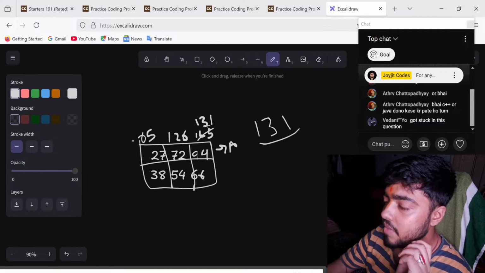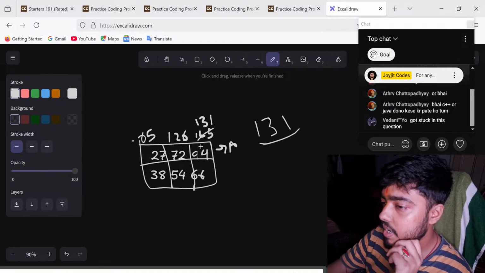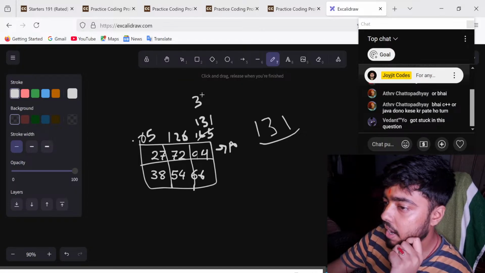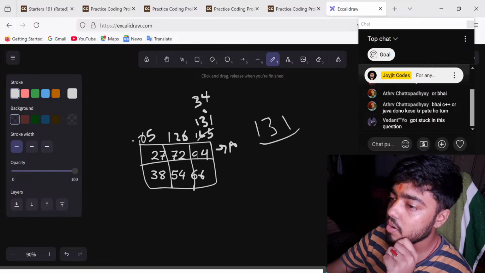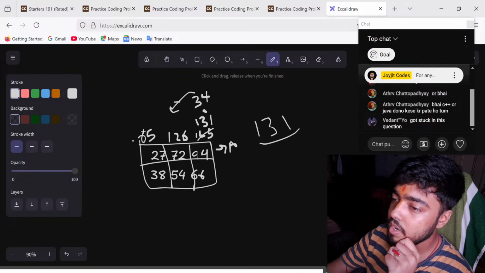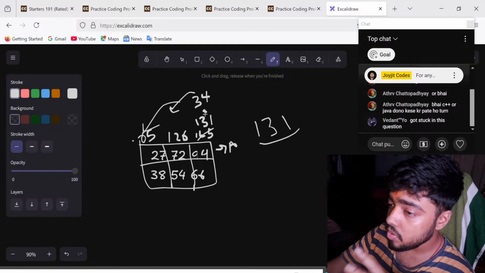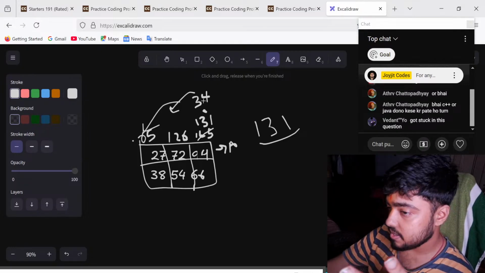So how many are we subtracting from here? It is 165 minus 131, nothing but 34. Now remember one thing I just told you: you can't take out this 34 and put it into some other elements where there is not 131. You have to add them twice.